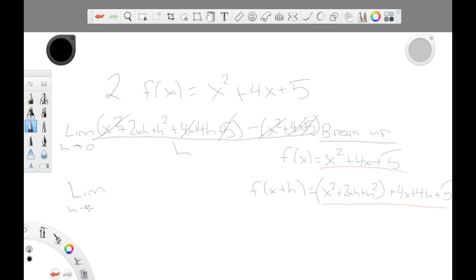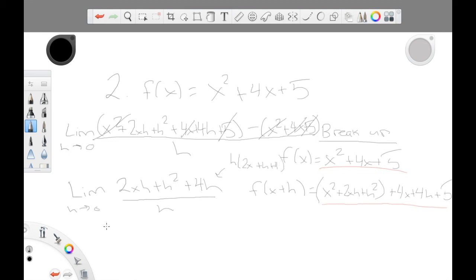and that leaves us with 2xh plus h squared plus 4h all over h. And then we can rewrite this as h times 2x plus h plus 4, over h.